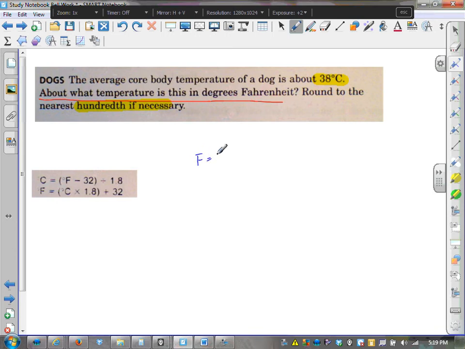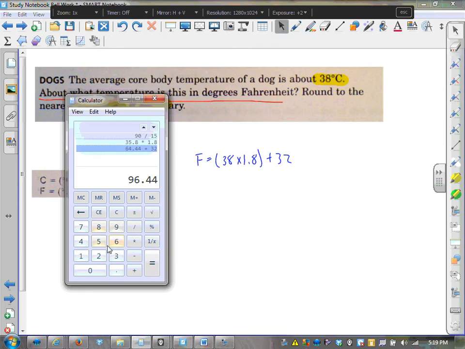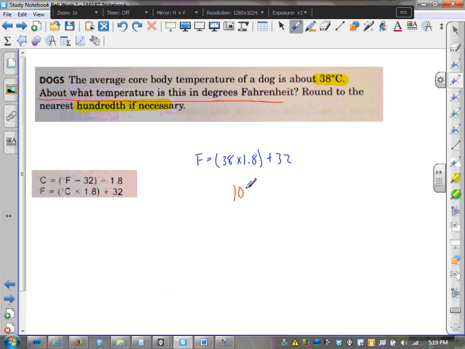Fahrenheit equals 38 times 1.8 plus 32. Let's get our calculator. 38 times 1.8, then add 32. 100.4 degrees Fahrenheit. Okay, so it's pretty simple, pretty straightforward.